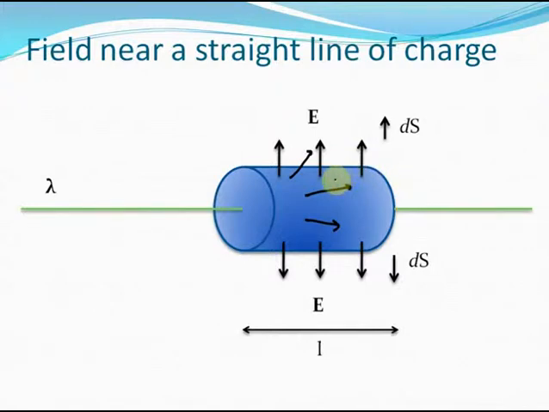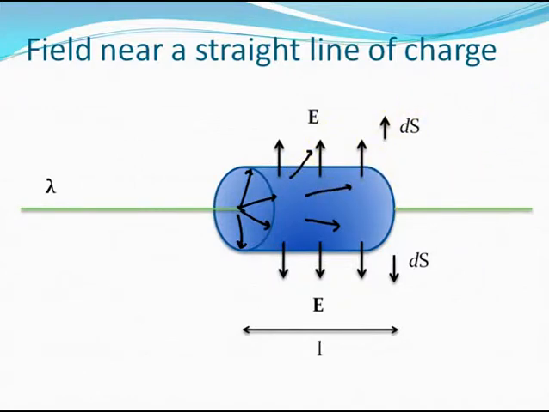Also, the electric field will be constant at every point on the surface of the cylinder. That is because all points on the surface of the cylinder are equidistant from the straight line of charge. So every point on the surface of the cylinder will have the same magnitude of electric field, and this electric field will always be parallel to the area vector on the surface of the cylinder.